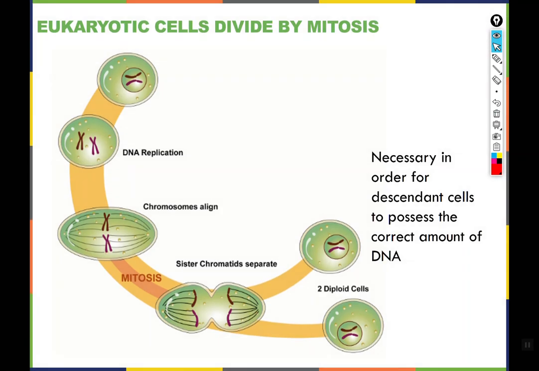So this is what I was trying to get to. Eukaryotes divide by mitosis, and this is because eukaryotes have a tremendous amount of DNA compared with prokaryotes. So they basically need to take extra steps to organize the DNA before it divides so that the DNA in the daughter cells is the correct amount.